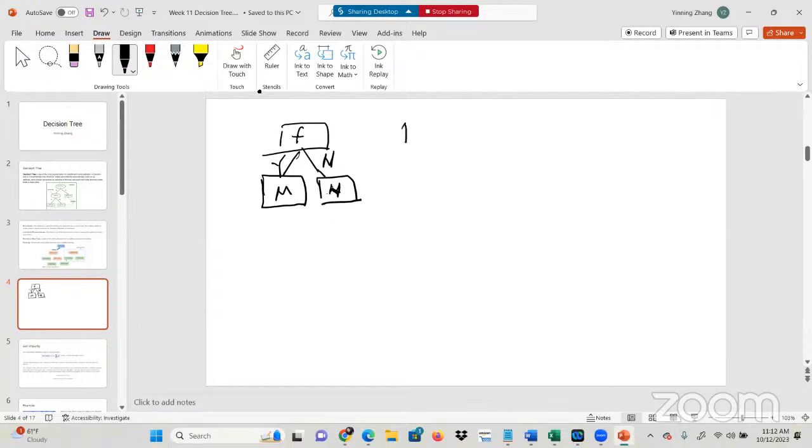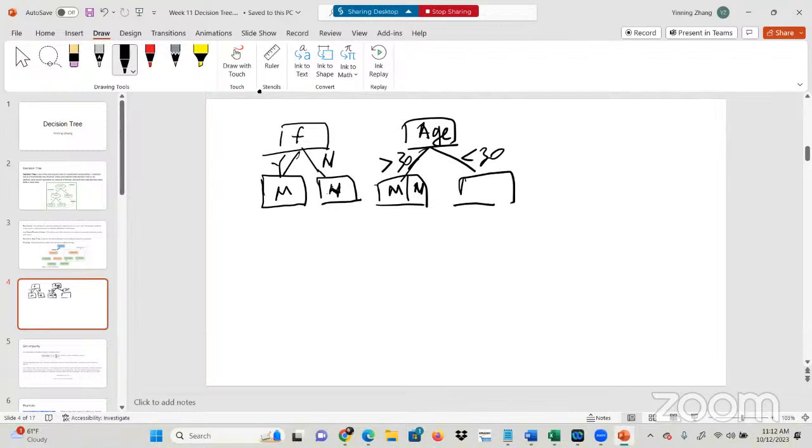And another feature called age. This doesn't classify very well. After using this feature, older than 30 and younger than 30, some have a minivan and some don't.